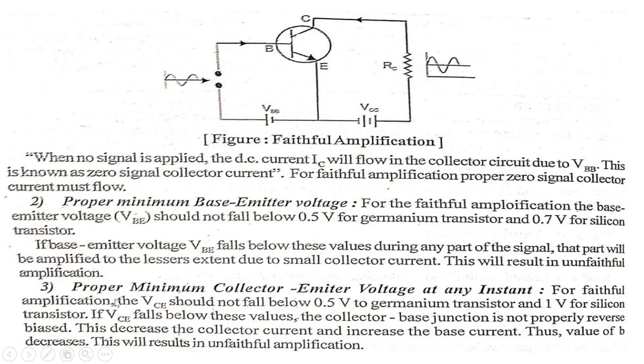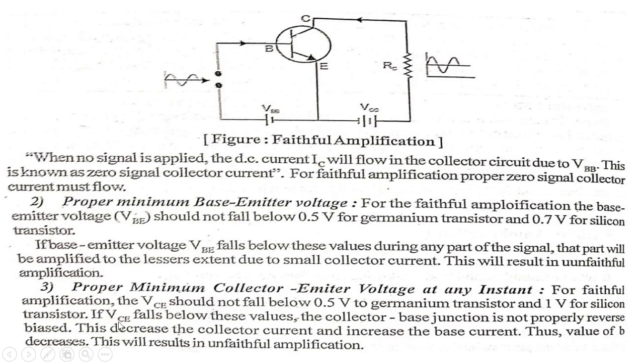Now, third point, proper minimum collector emitter voltage at any instant. For faithful amplification, the VCE should not fall below 0.5 volt for a germanium transistor, and 1 volt for a silicon transistor.